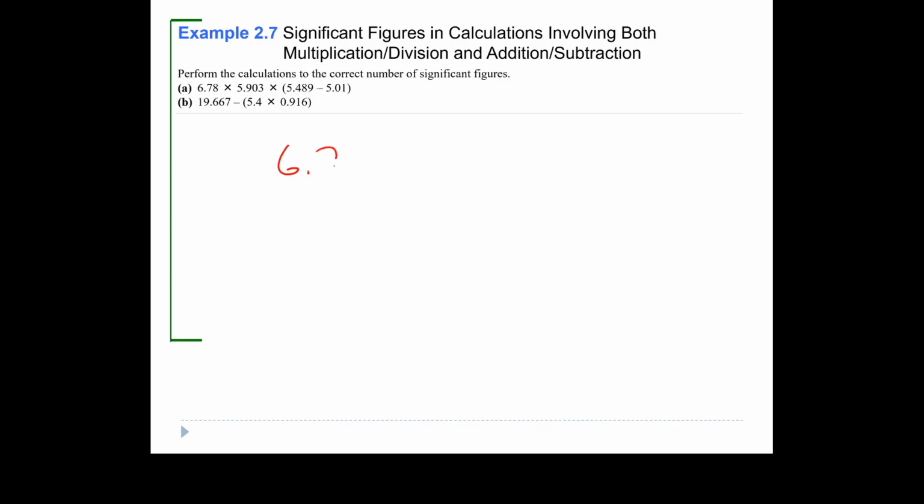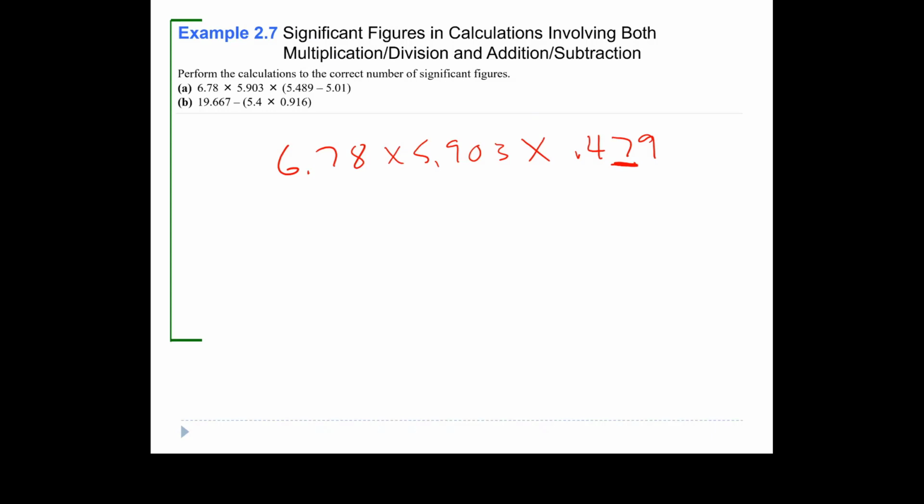So I'm just going to write down 6.78 times 5.903 times, now you guys are going to tell me what is the result from the parentheses. 0.479. And where should I truncate that number? At the 7. So I'm going to underline that, okay?